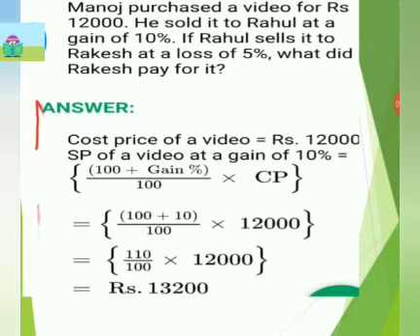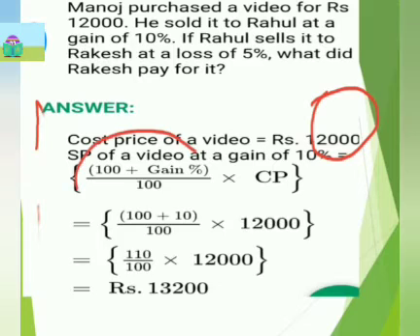First of all, in the question the cost price of the video is given to you: 12,000. Manoj has purchased it for 12,000, then he sold it to Rahul. So the selling price of the video for Manoj will be, you have to calculate it here. The gain percent is given to you, 10%.